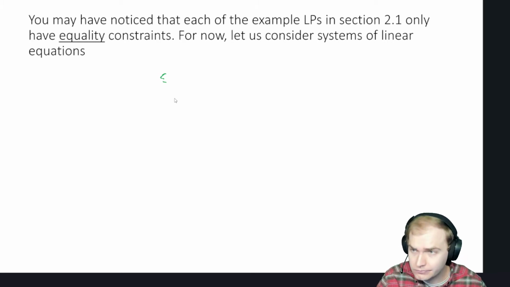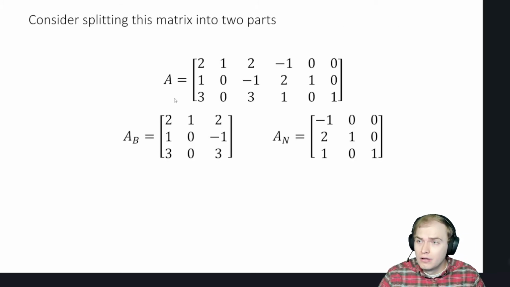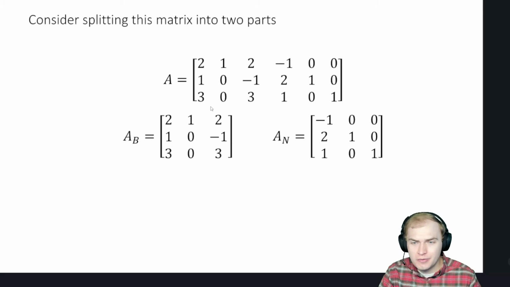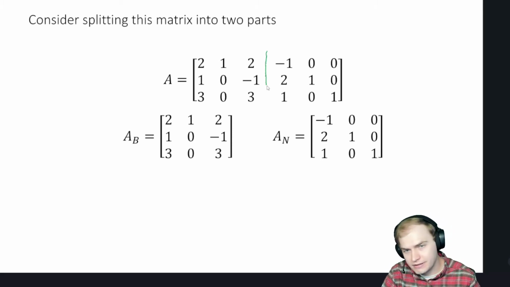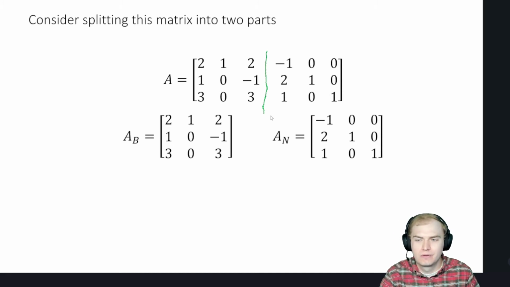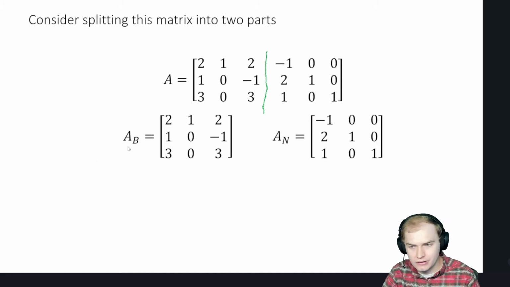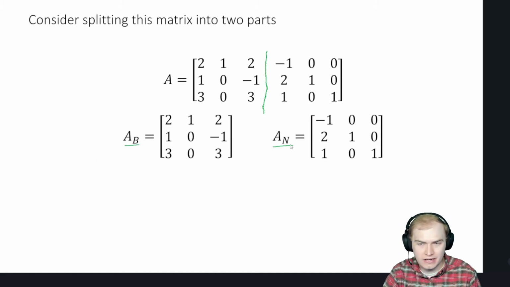So let's consider a matrix that we have. This could be the matrix for the left-hand side of a feasible region, or of a set of constraints. And we're just going to split it in half, right down the middle. We're going to call the first half AB and the second half AN.